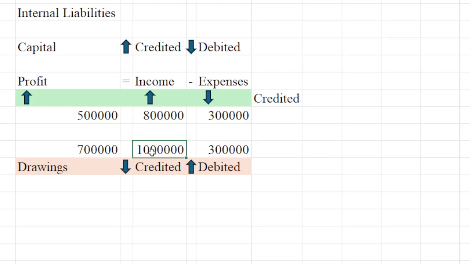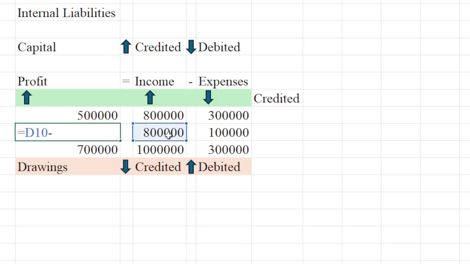Now, we'll take the same example and see how, when expense is reduced, let's say expense is now 1 lakh, what happens to the profit? From 5 lakh, it increased to the extent of 7 lakh.